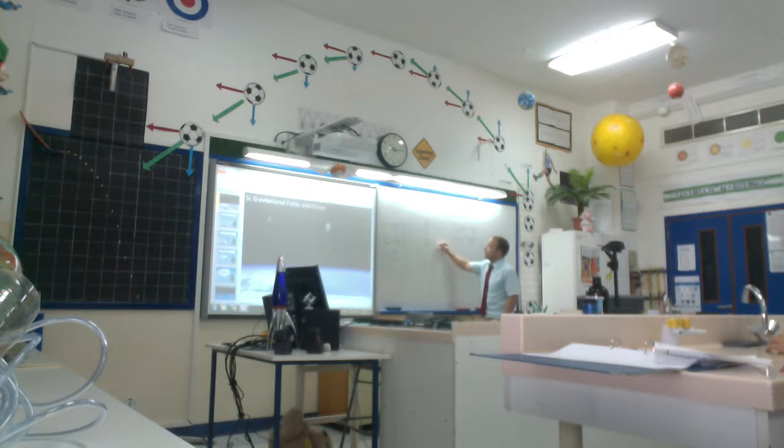Now the strength of the Sun's gravitational field at that point: gravitational field strengths depend on the mass of the body which creates the field, and the distance. So the strength of the Sun's gravitational field at this distance from it will be G times the mass of the Sun, Ms, divided by r squared.